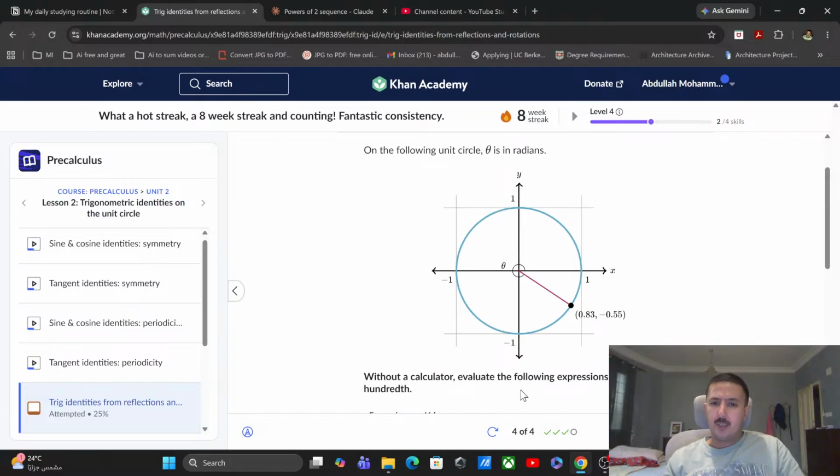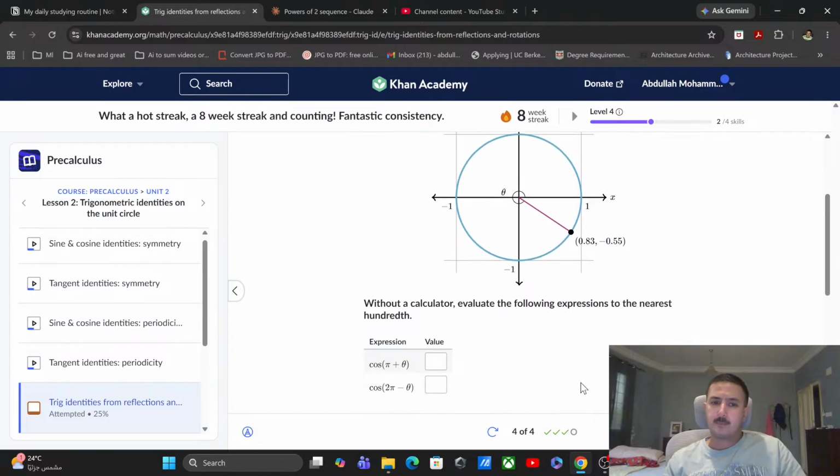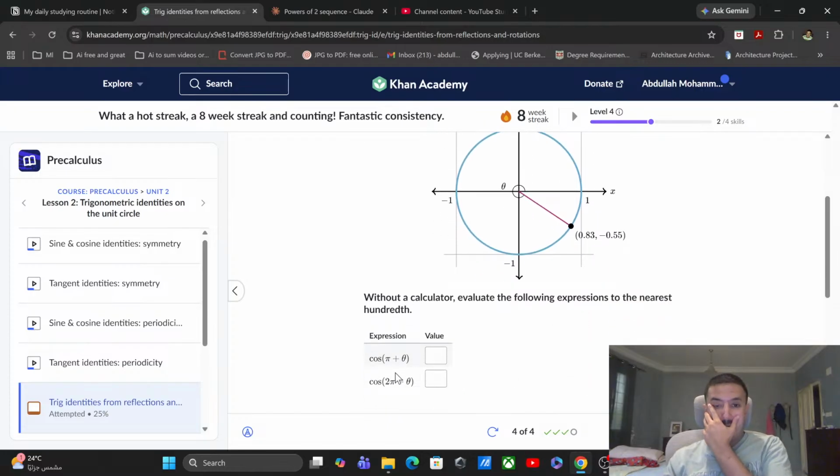Okay, without a calculator, evaluate the following. Cosine, this is the theta. Pi plus theta. So here is pi plus the theta. It's going to go 1, 2, 3, and here.